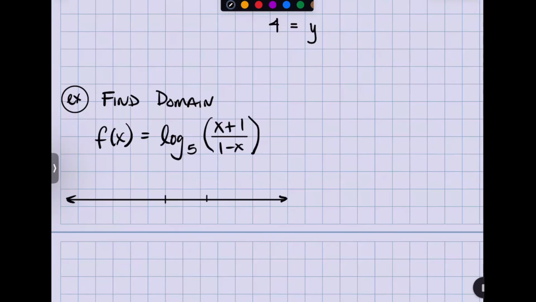one of the things that we started to realize is that the log has a domain of what? 0 to infinity. Is that right? So having a log that has a domain of 0 to infinity, so again, log functions, domain, what does this mean?